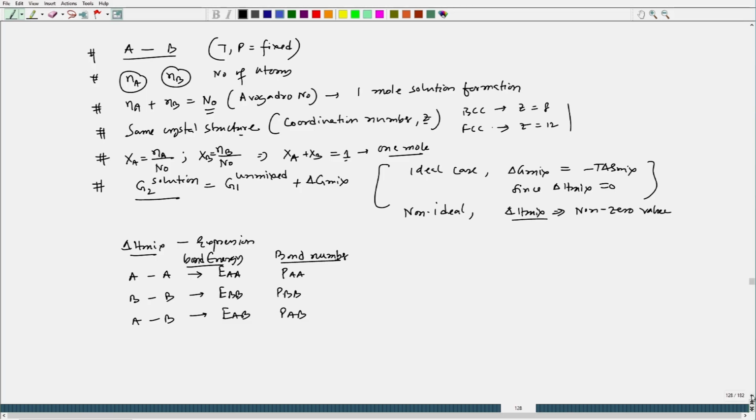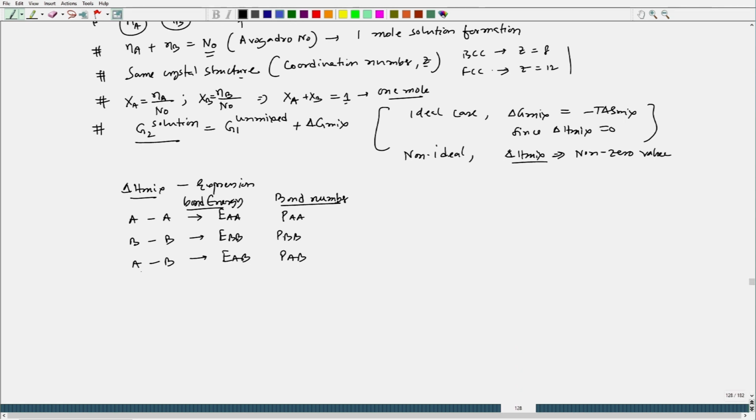Now, once a solution is formed, after formation of the solution we can have all 3 bonds, all 3 bond energies, and we can find out the energy of the solution. So, the energy of solution is basically all the energies coming from all the bonds of AA, BB and AB type.